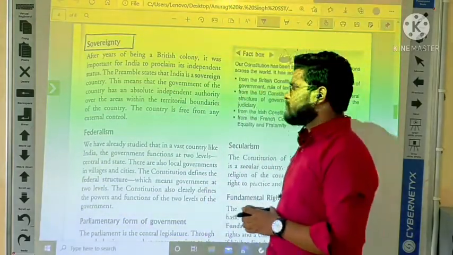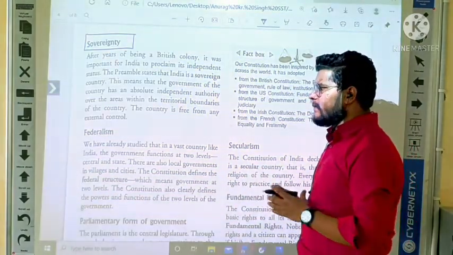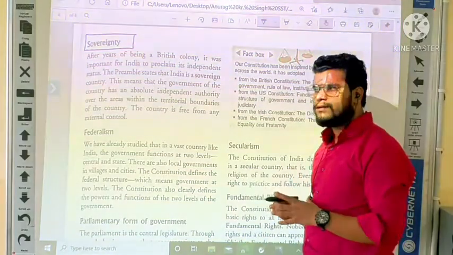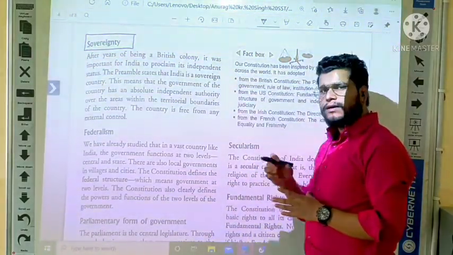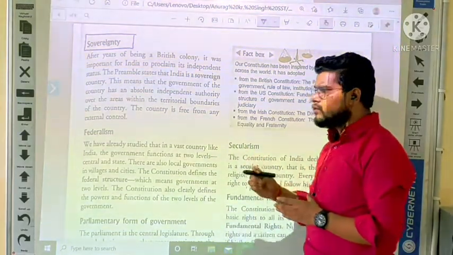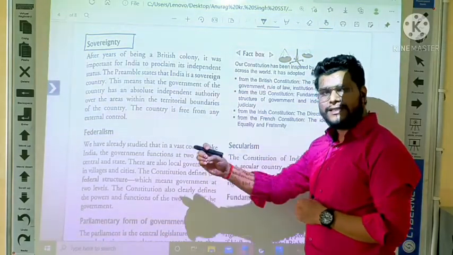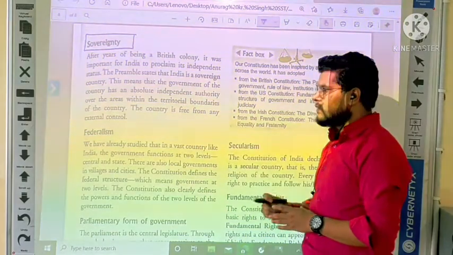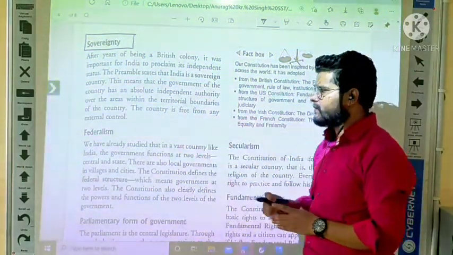Okay, so our central government and state government freely enjoy their power to run the government, to run the state and country properly. No one can interfere in this government.